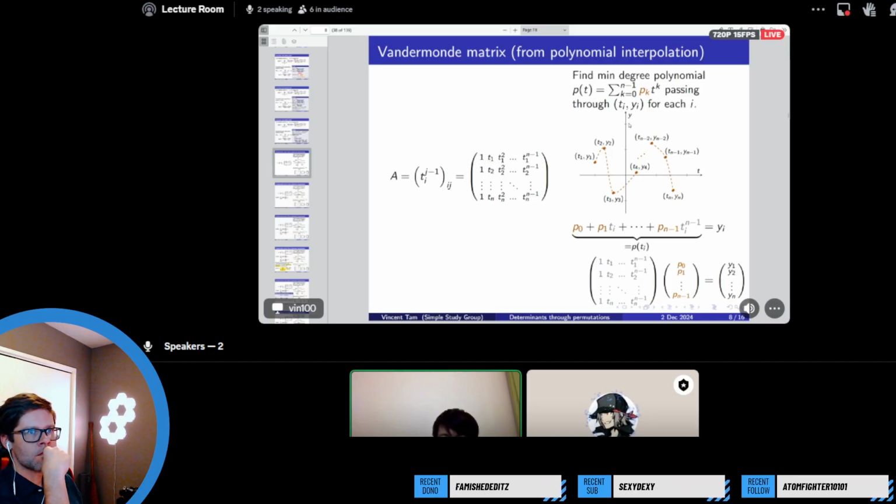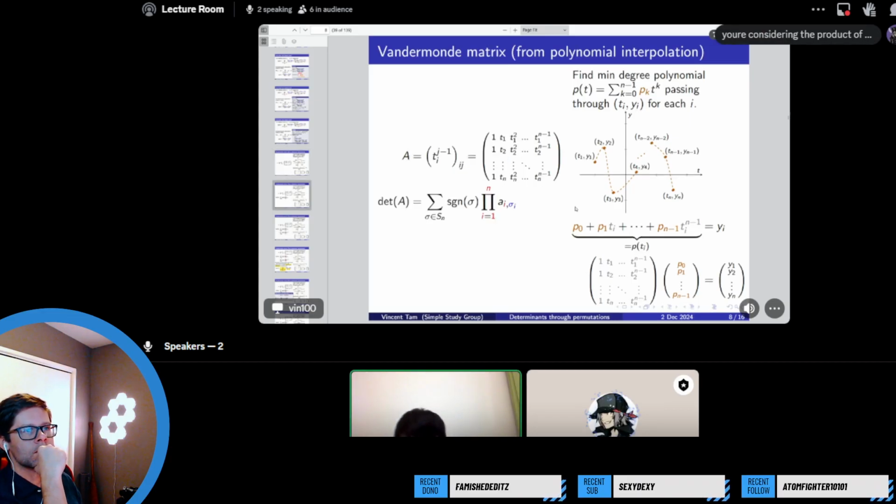In the picture on the right, we need these n points to be distinct, but in the Vandermonde matrix, we don't need these T1 to Tn to be distinct. It is possible that, for example, T1 equals T2 or T2 equals Tn. That's possible.